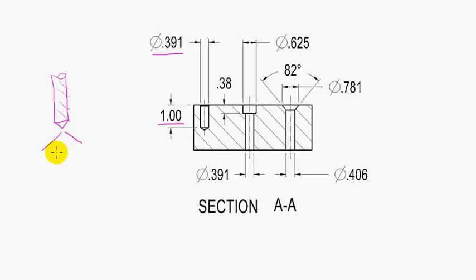The common one is 118 degrees. Sometimes it's 130 degrees, and nowadays various high performance drills can have different point shapes. But if it's not specified on the drawing, the drill point is assumed to be negligible, and the dimension for the depth of the hole is assumed to be to the full diameter of the hole.